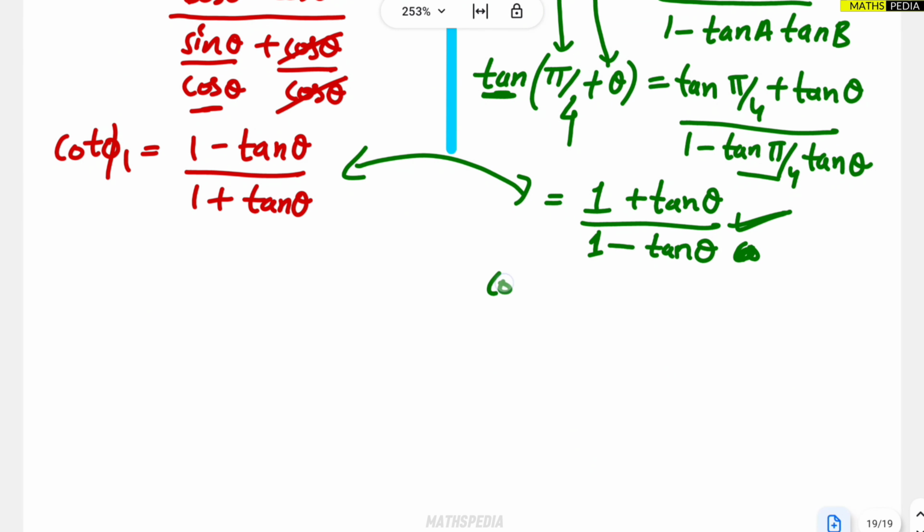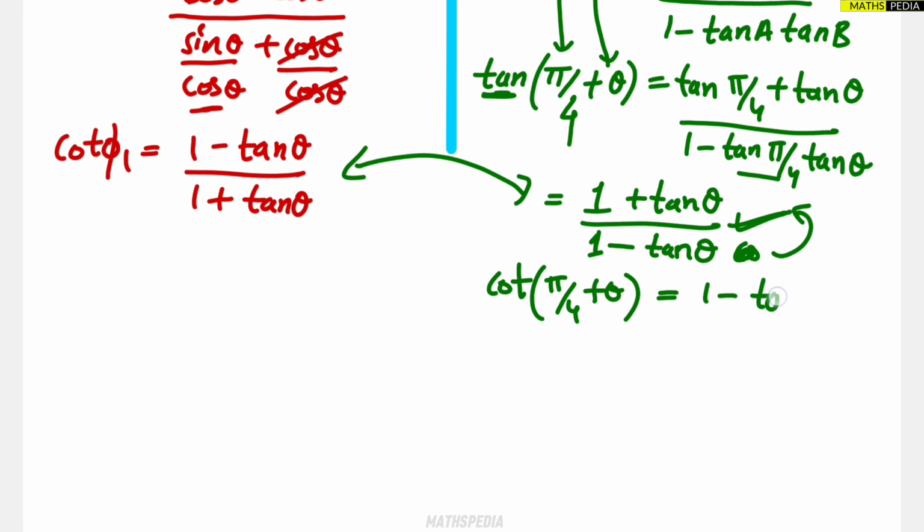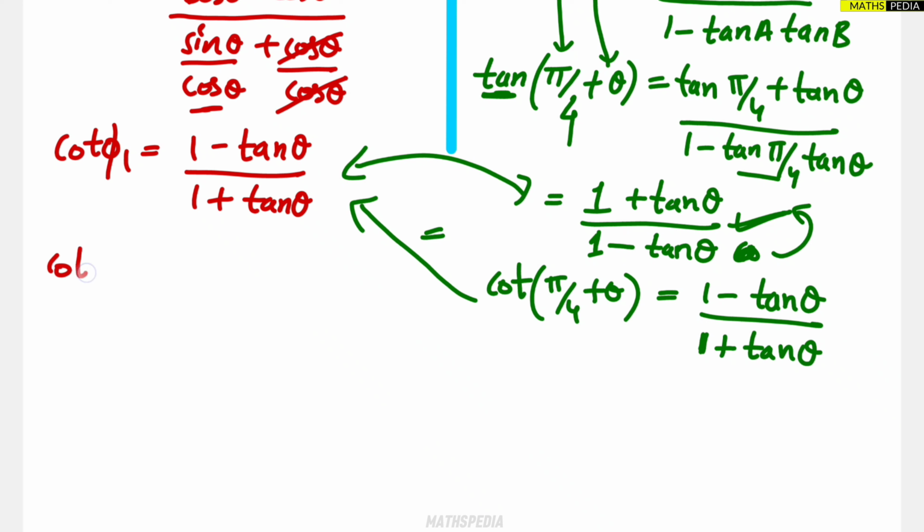If I want to write cot of pi by 4 plus theta, you have to just take the reciprocal, which means it will be 1 minus tan theta divided by 1 plus tan theta. So now this and this are exactly the same, right? So I can directly write there cot phi 1 is equal to cot of pi by 4 plus theta.